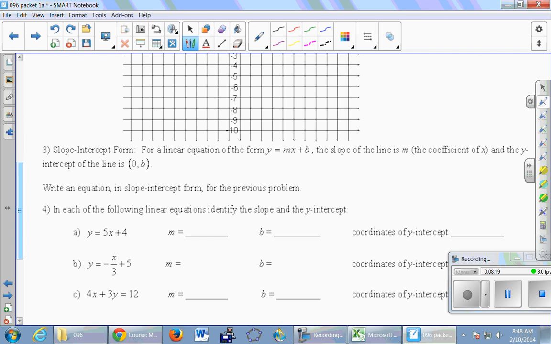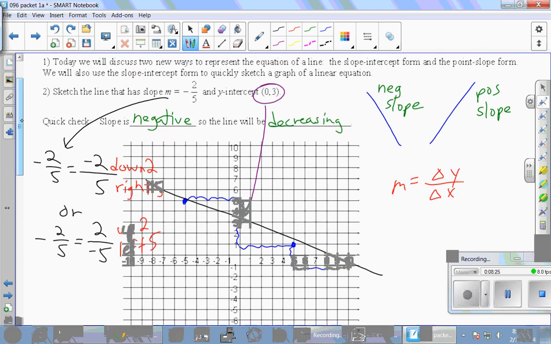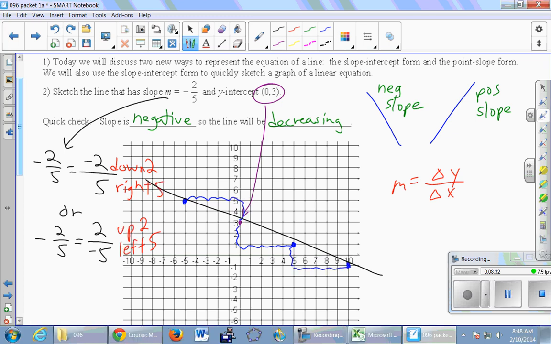So if it happens that you have the slope and the y-intercept given to you, like we did in this first problem, then it's really easy to write the equation of the line. So using the information that's up there, we'll copy our new equation for the line, y equals mx plus b. All we have to do is fill in the blanks.